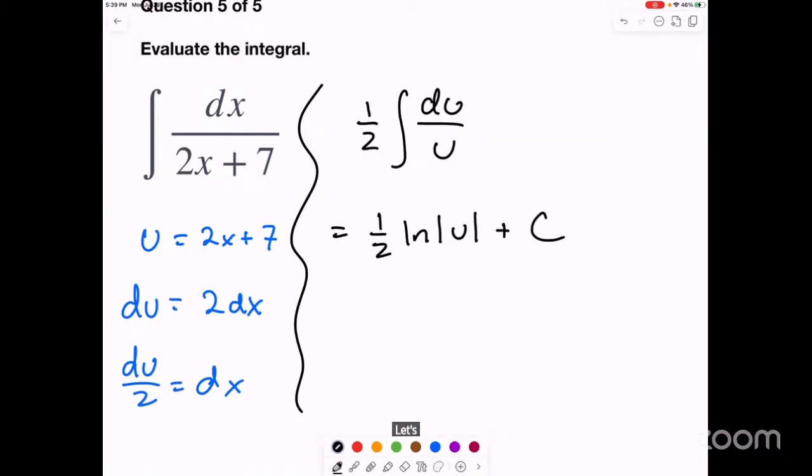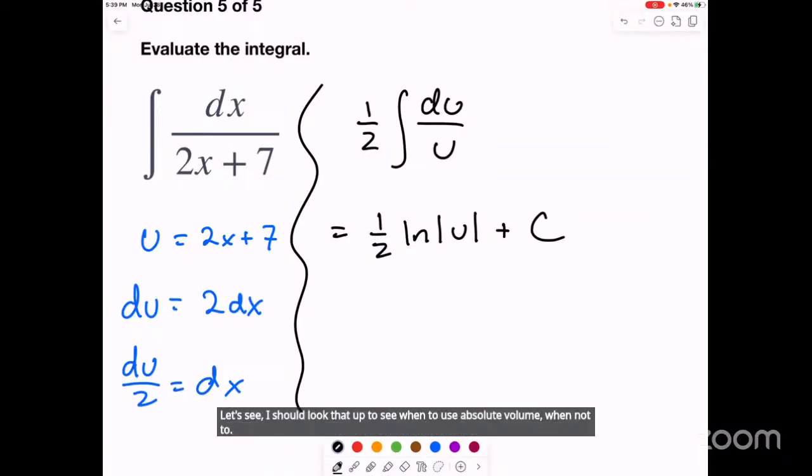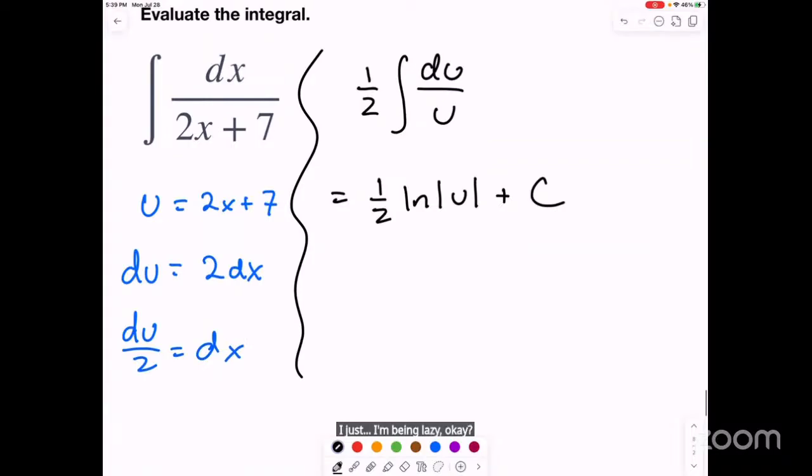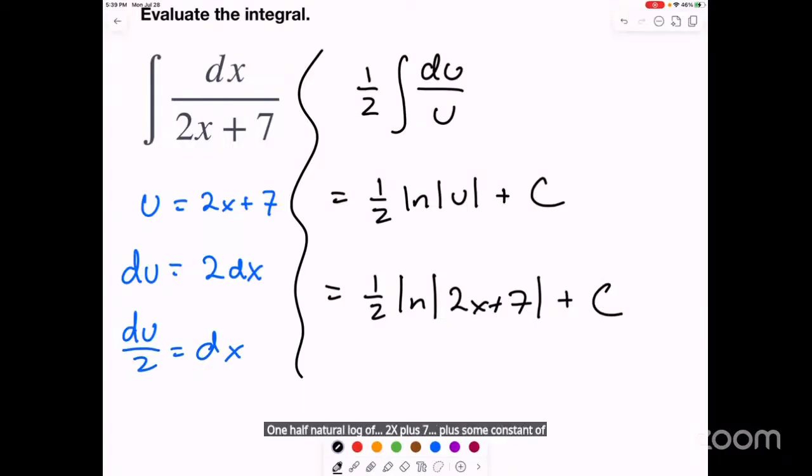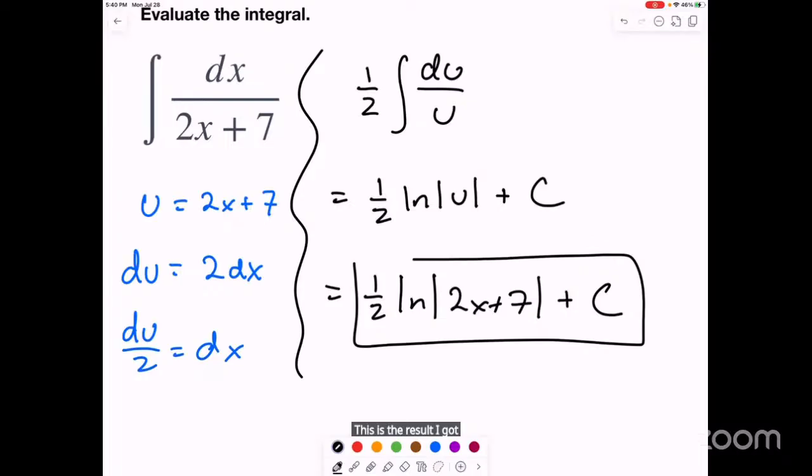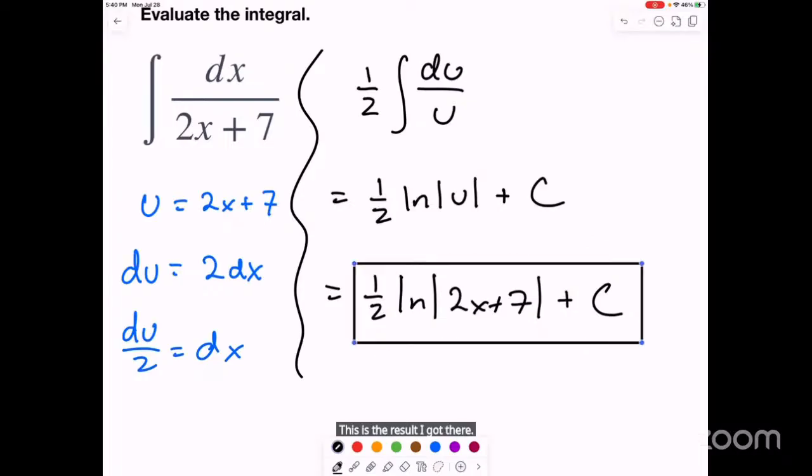I should look that up to see when to use absolute value and when not to. I'm being lazy. And then we back substitute: 1/2 natural log of 2x plus 7 plus some constant of integration. This is the result I got there.